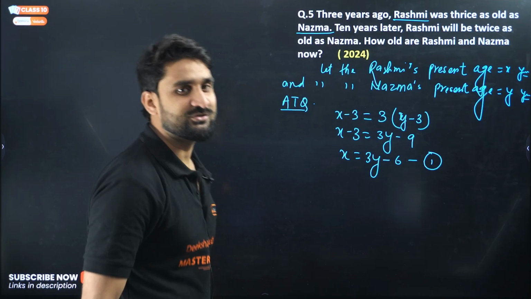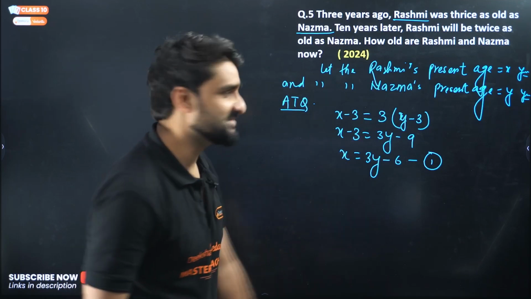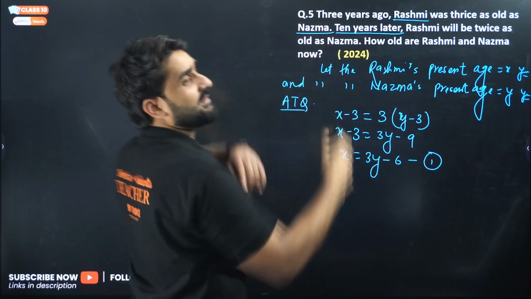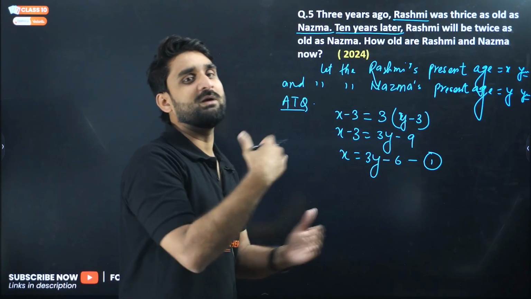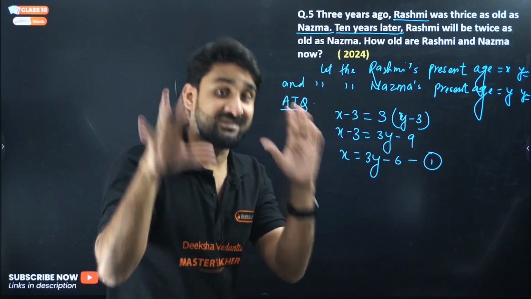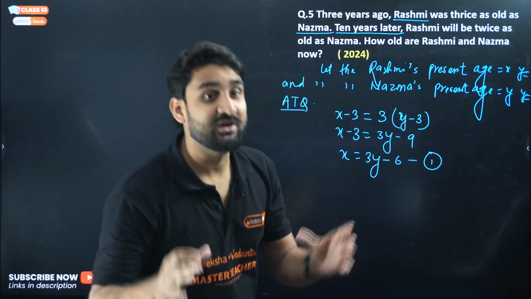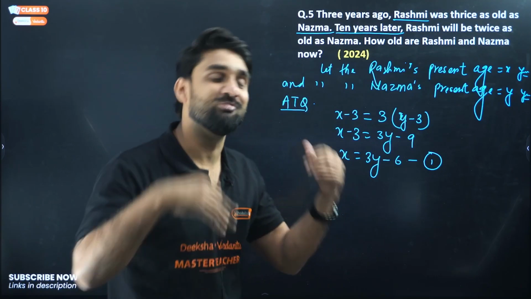So how many equations do we require in this chapter? 2 equations should be there. So the second information is 10 years later. After 10 years, Rashmi will be 10 years older and Nazma will also be 10 years older, because Nazma is also a human being.